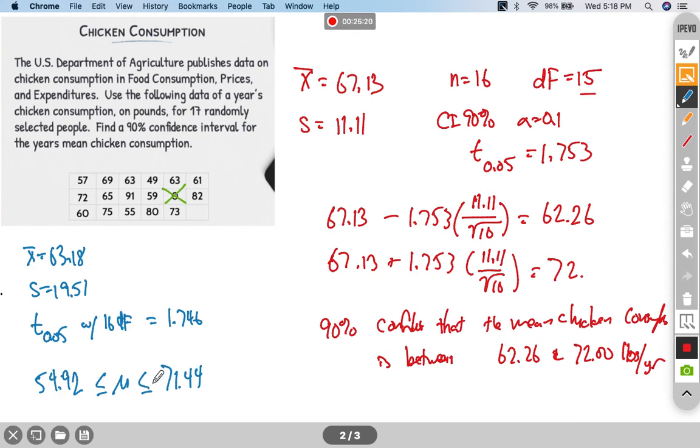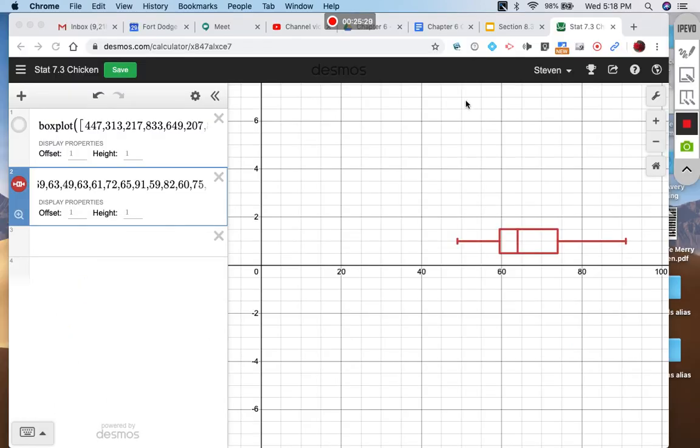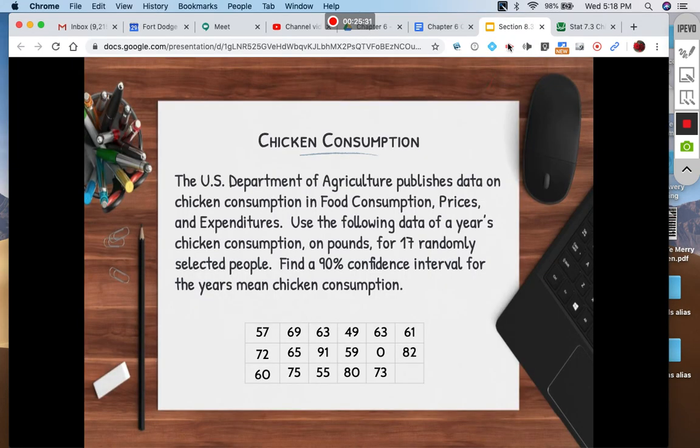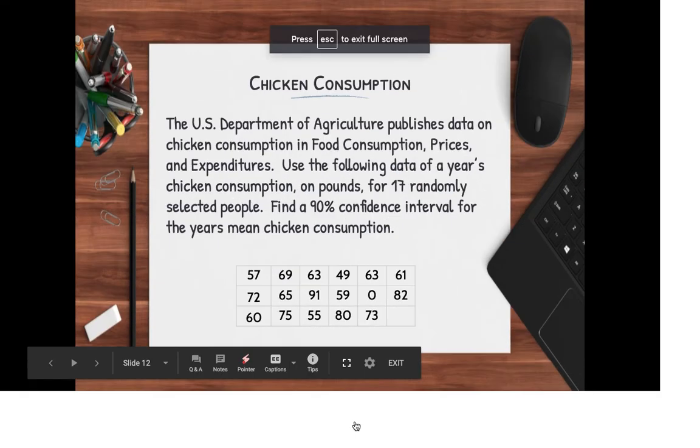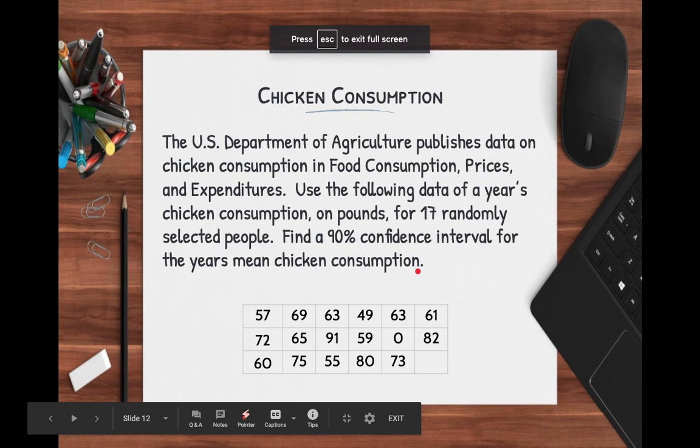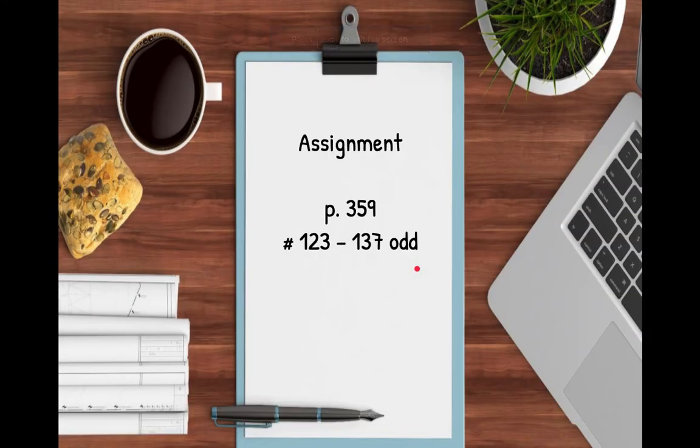So I got a much wider confidence interval and a higher margin of error. So that's your t distribution. Go ahead and work on these problems, practicing using this.